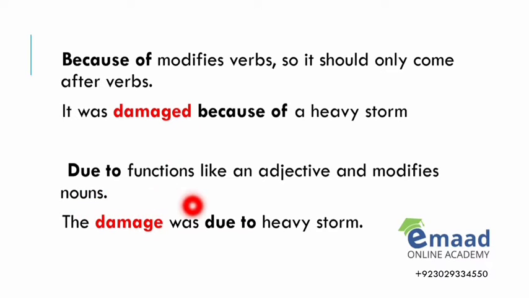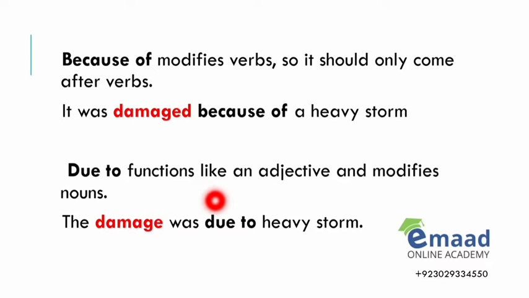The damage was due to heavy storm. The damage, that's the name of the loss caused by the verb damage. So it's an abstract noun, damage. The damage was due to heavy storm. So due to is an expression that modifies the noun damage.